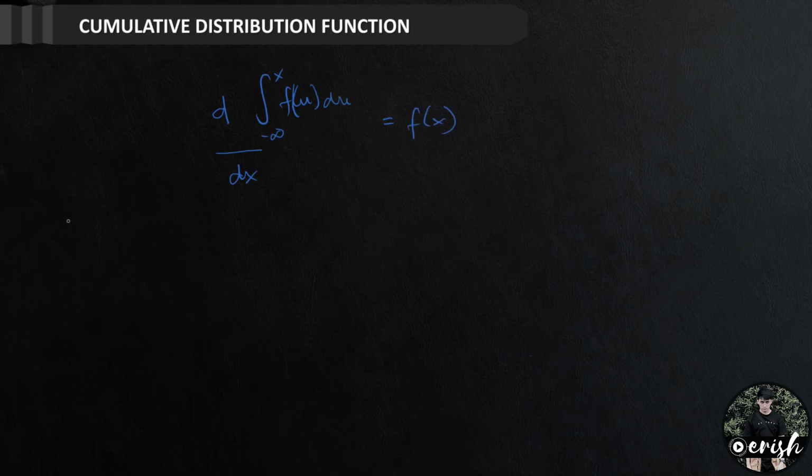Then, given F(x), yung f(x) natin can be solved again by differentiating, and this is equal to the derivative of F of x over dx, and this is as long as the derivative exists.